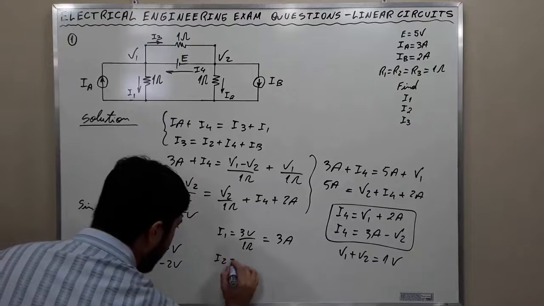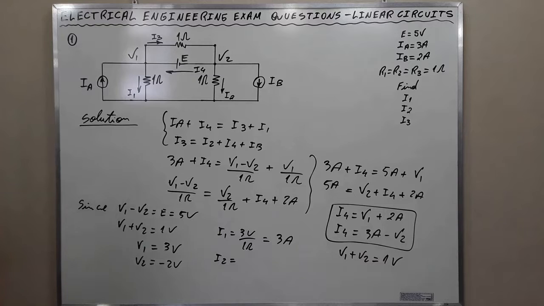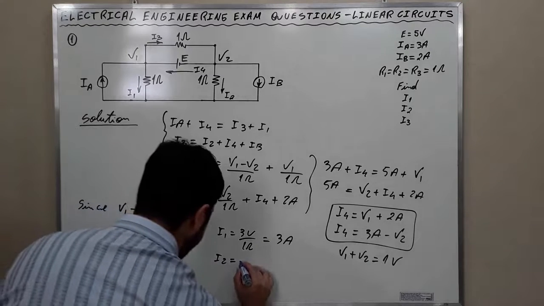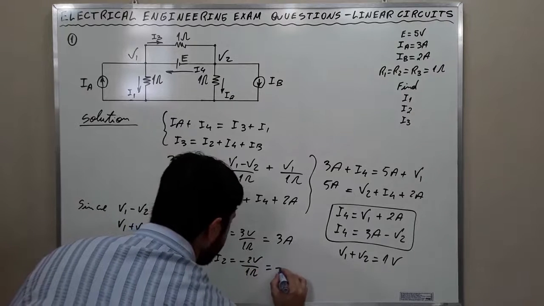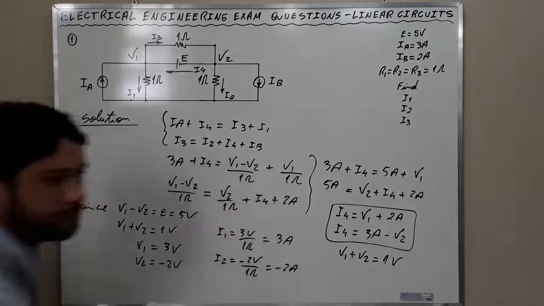I2 can be calculated in the same way. I2 is V2, negative 2 volts, divided by 1 ohm, which is negative 2 amps.